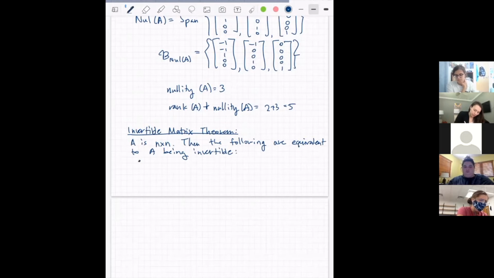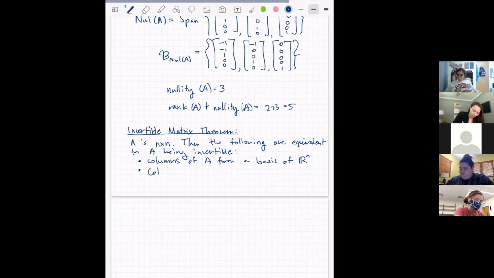Okay, so this is true if the columns of A form a basis of Rn. So if they form a basis, that's the same thing as saying that they're linearly independent, right? Well, it's not exactly the same thing, but it means that they are linearly independent.